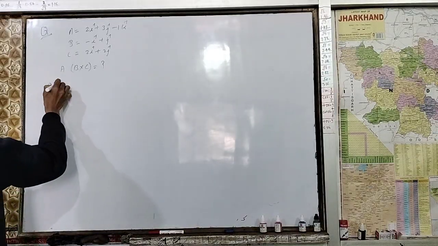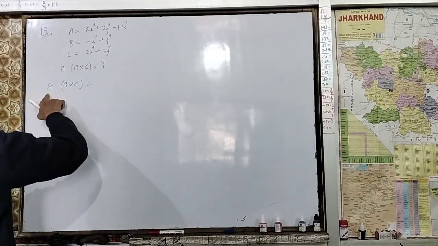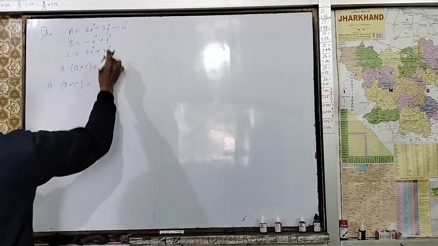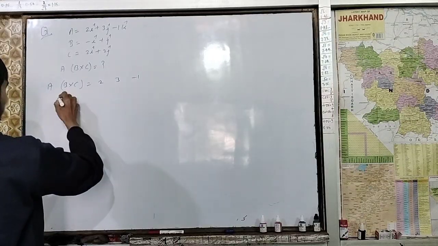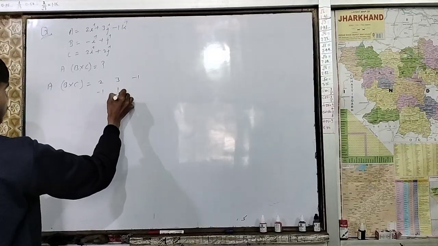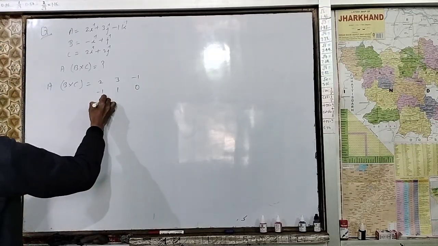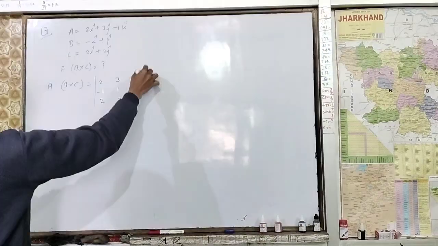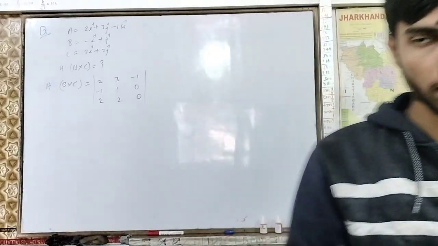So this is equal to: A1 is 2, A2 is 3, and A3 is minus 1. B1 is minus 1, B2 is 1, and B3 is 0. C1 is 2, C2 is 2, and C3 is 0. This is our determinant.